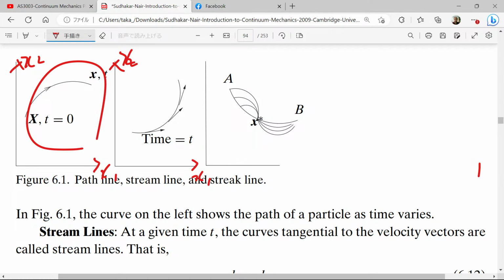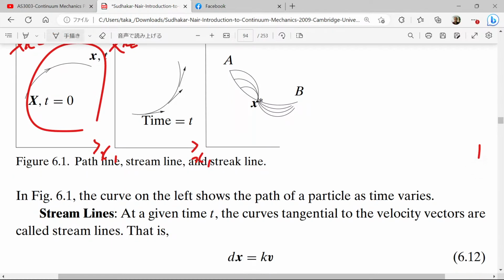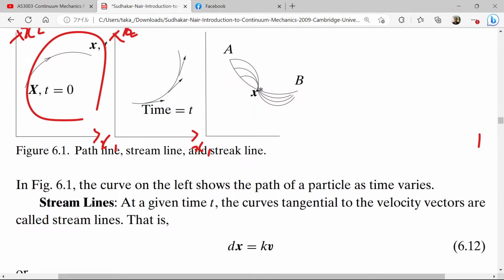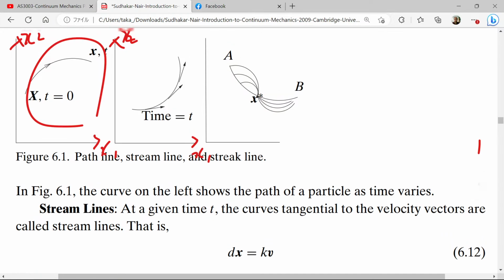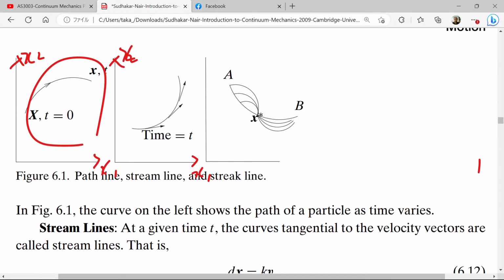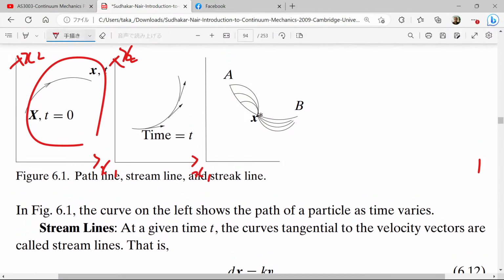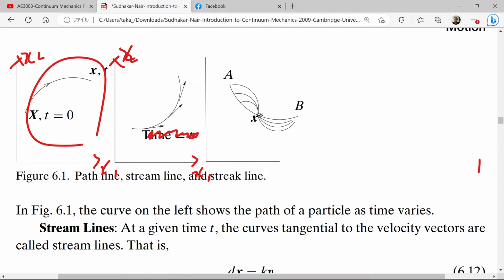Streamline. At a given time t, the curves tangential to the velocity vectors are called streamline. So this is just a time t. See, this is very confusing. I would put time t.